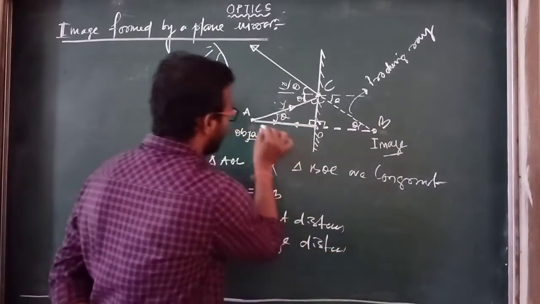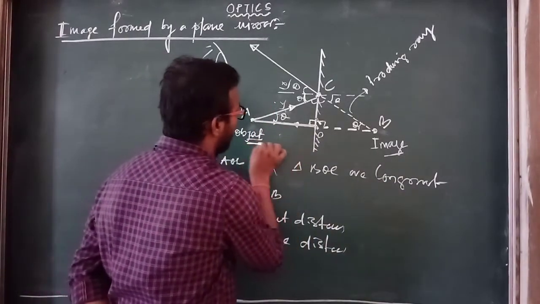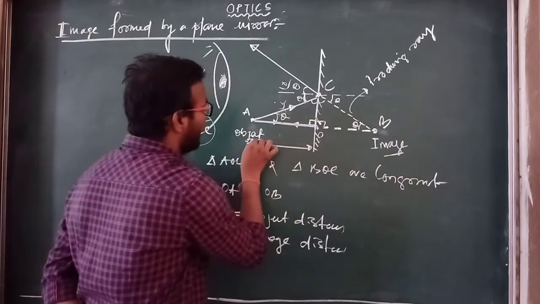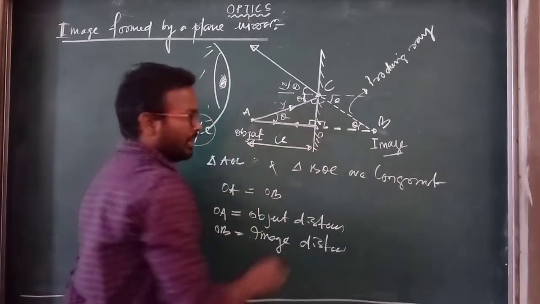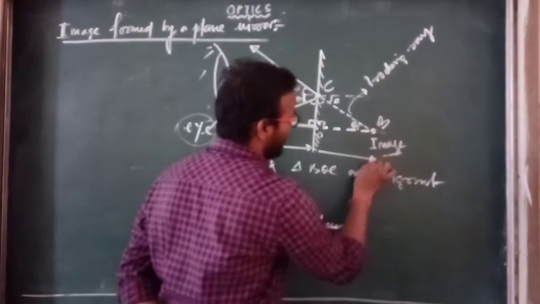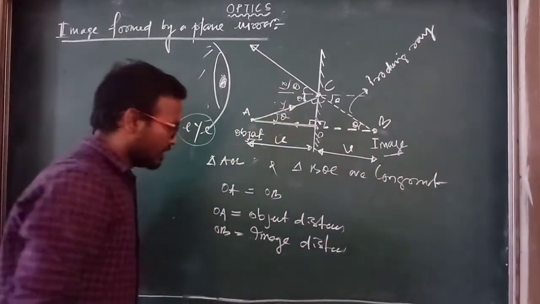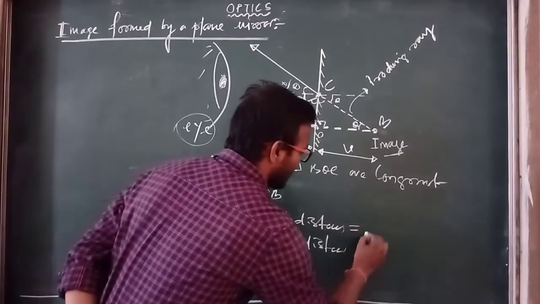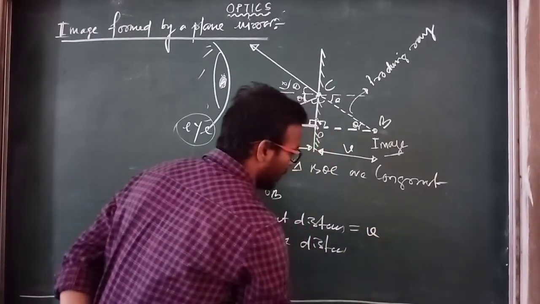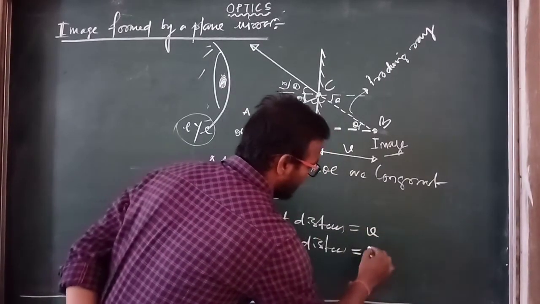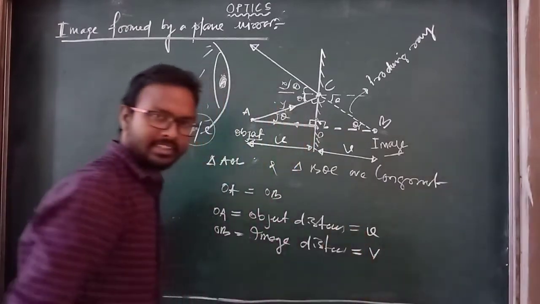The object distance is denoted by a single letter, small u, and the image distance is denoted by v.